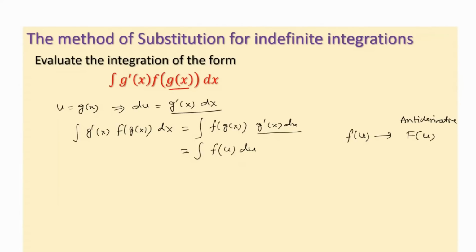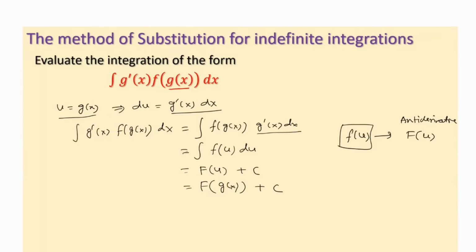Therefore you convert the whole integral to f(u) in such a way that you already know the antiderivative, and then you get the antiderivative F(u) plus c. Now u is our assumed variable, but our original variable was x, so your answer will be F(g(x)) plus c.